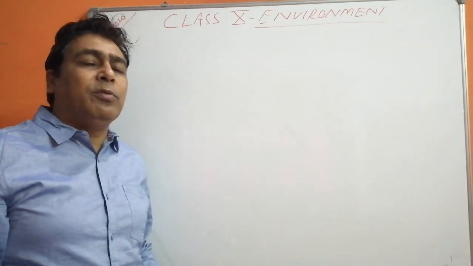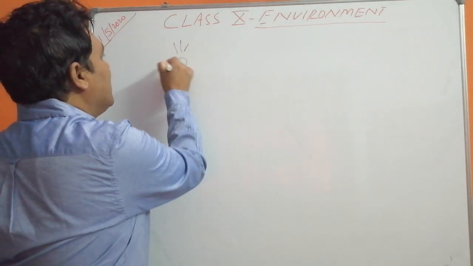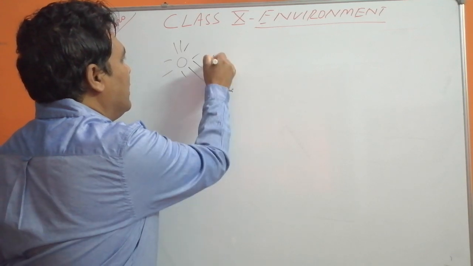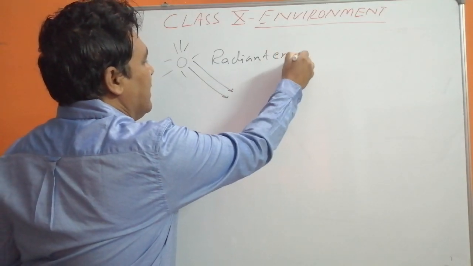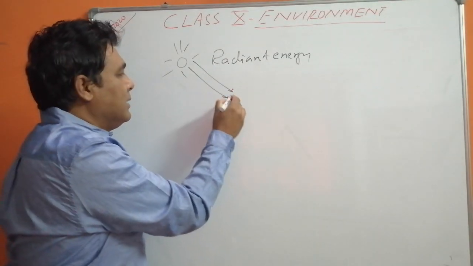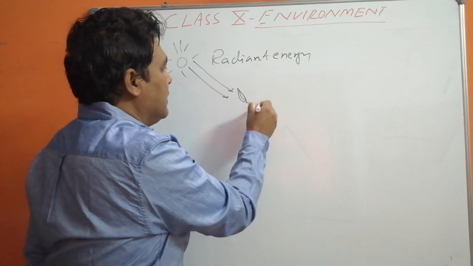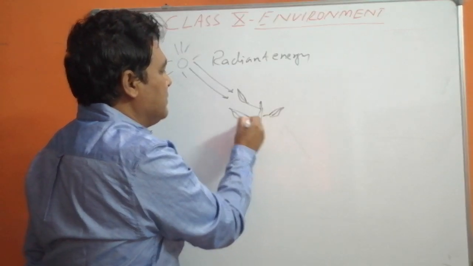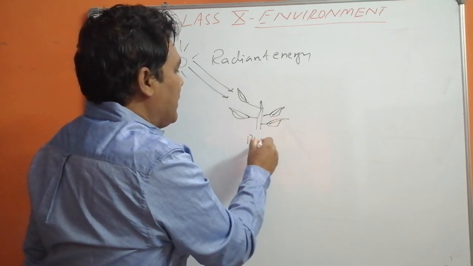Now coming to the movement of food, how food goes. Already I told you that the sun is the source of radiant energy. After that, it goes to the plants, as we talked about in my last lecture. These are the green plants.